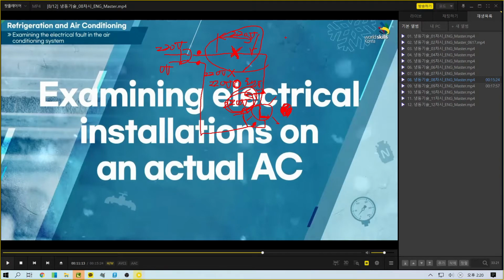So the explanation is about the case that there is some disconnection of the wire. So if the competitor can see the lamp is not on, you can see if the 220 voltage is applied to it or not properly, and then you can find out the disconnection part according to it.